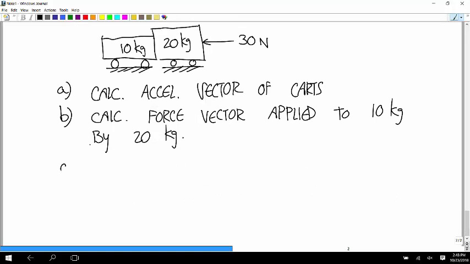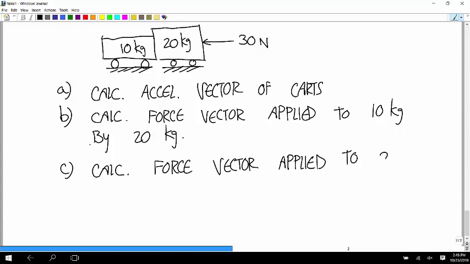And then the last thing we want to do is calculate the force vector applied to the 20 kilogram cart by the 10 kilogram cart.